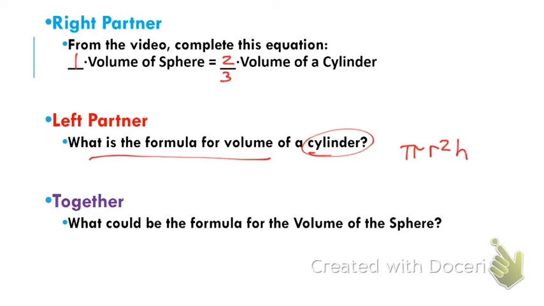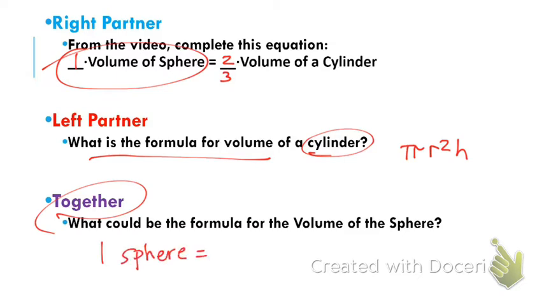Okay? So together, what could be the formula for the volume of a sphere? Well, if we got one sphere, the volume of one sphere equals what? 2/3 of a cylinder.